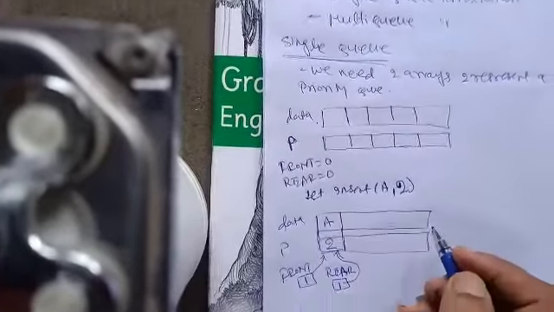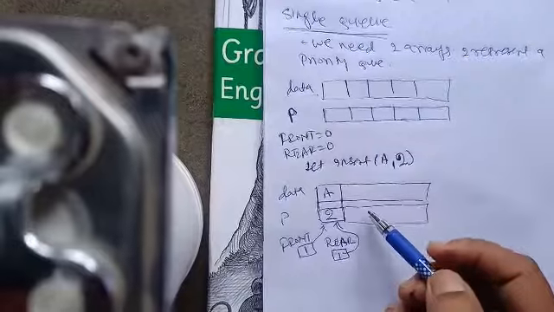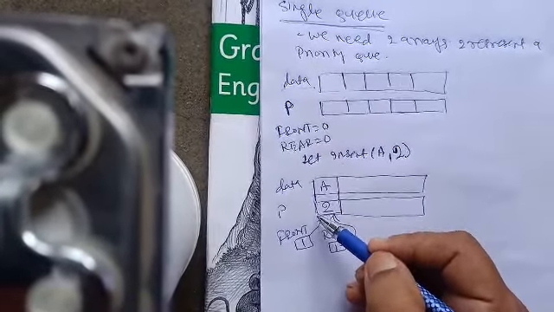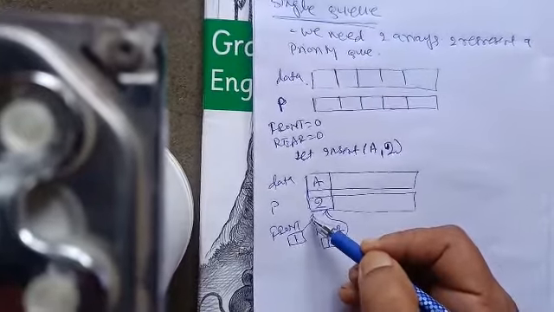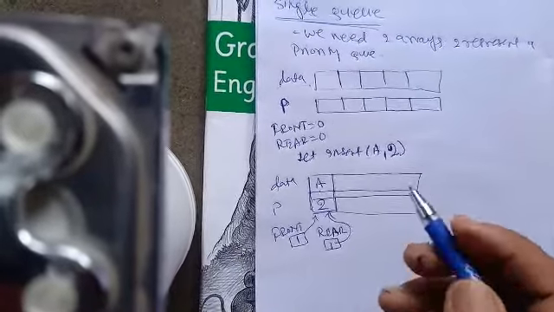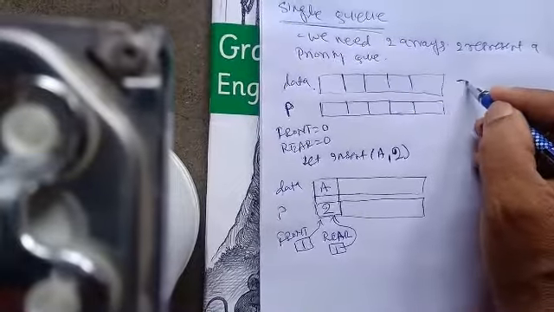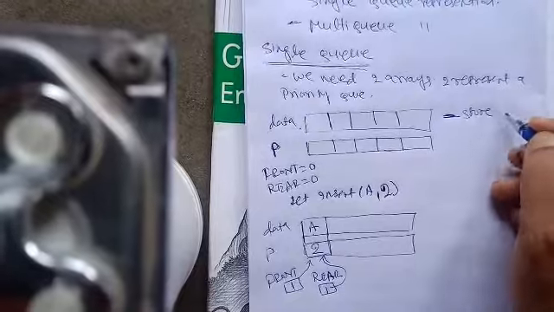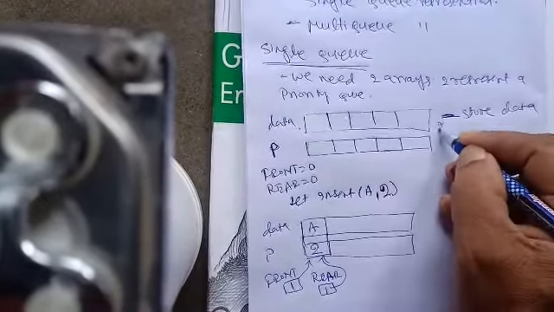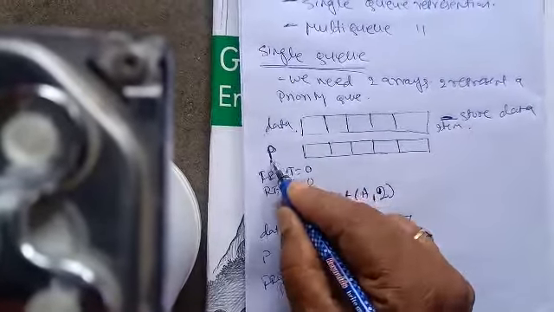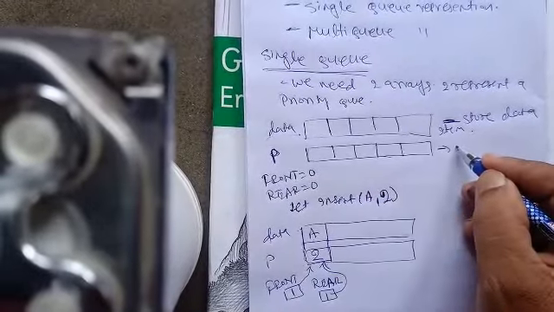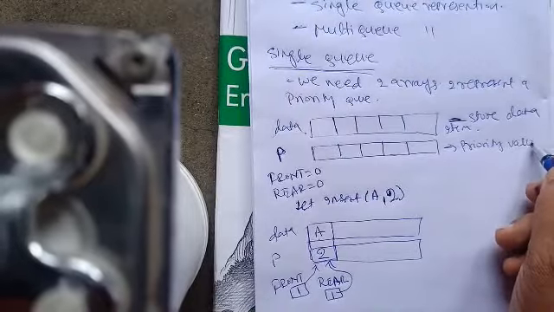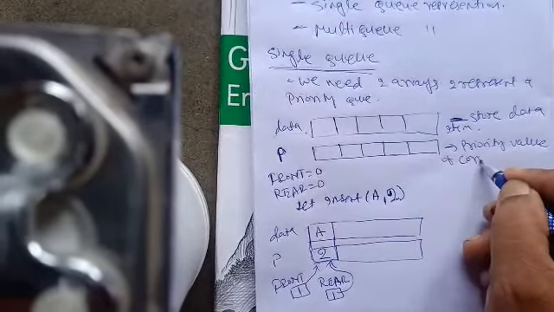Now you understood why we need two arrays. One of the arrays will store the data, and another array will store its corresponding priority value. So this array data will store the data item, and the array P will store the priority value of the corresponding item.